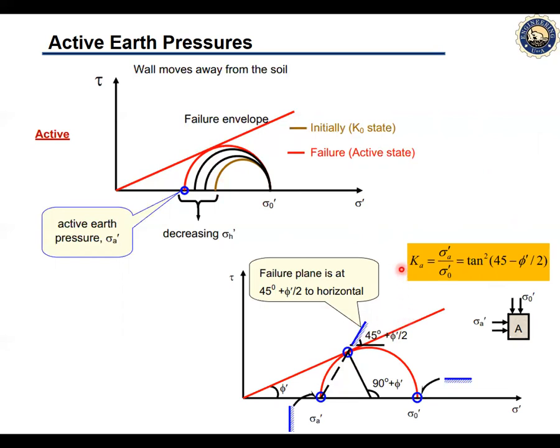That's why the K relationship for sigma A prime over sigma naught prime stands at tan squared (45 degrees minus phi prime over 2).